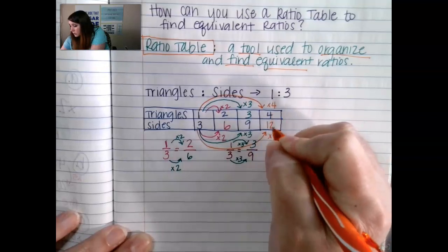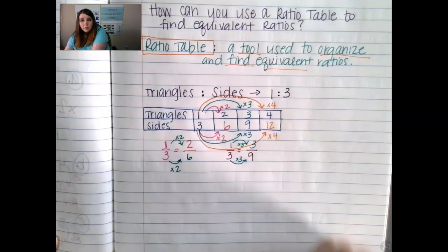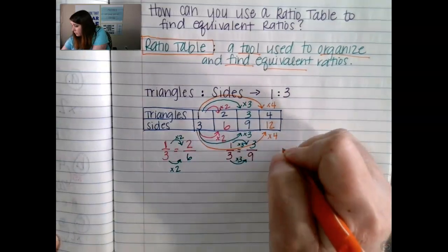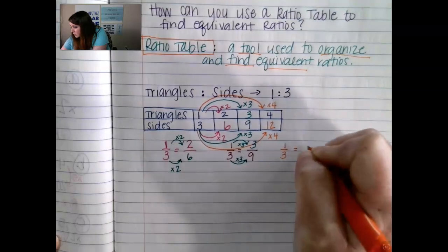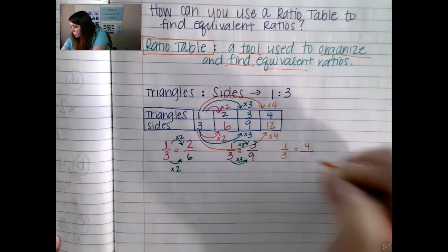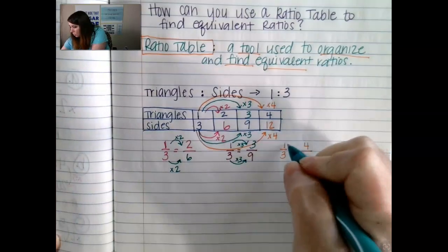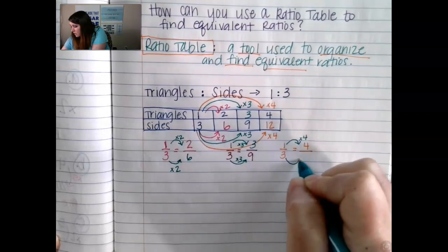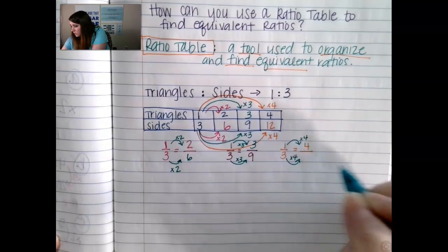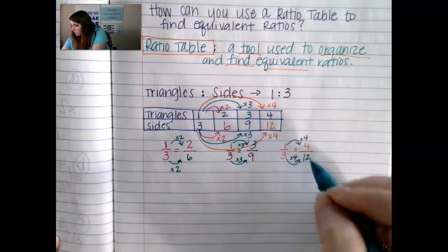So 4 over 12 is equivalent to 1 over 3. We can give it a check here. 1 over 3 equals 4 over what? Well, 1 times 4 gives me 4, and 3 times 4 gives me 12. So they are equivalent.